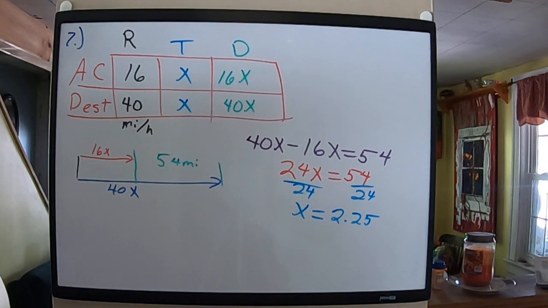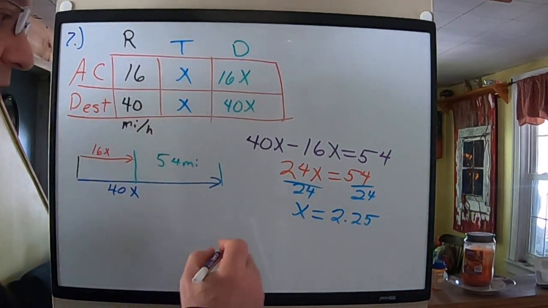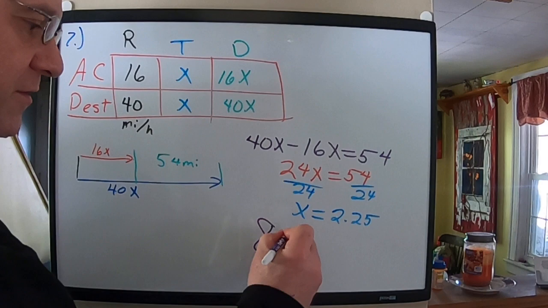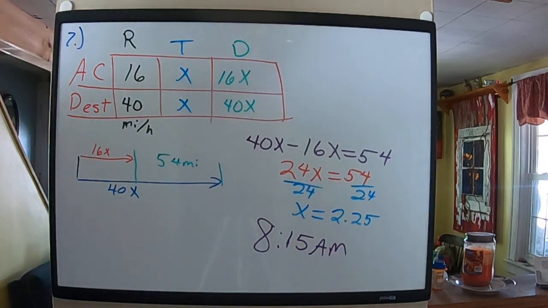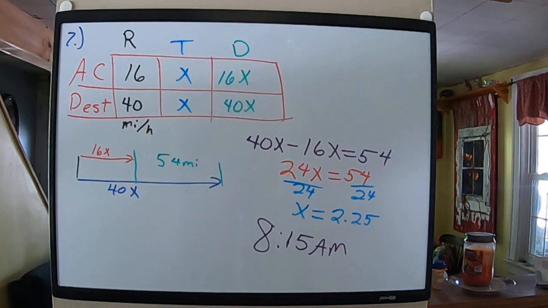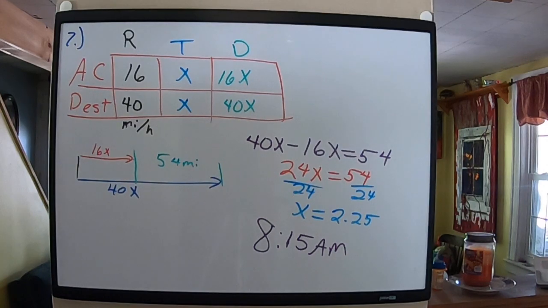What it asks is at what time will they be 54 miles apart. Now they left at 6 a.m. So 2 1/4 hours later would be 8:15 a.m. That is what time they are 54 miles apart.